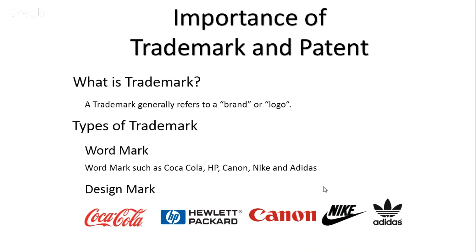HP, Canon, Nike, Adidas, these are big brands and these are word marks. At the same time they have the design mark, which is their logo. You see Coca-Cola, HP, Canon, Nike, Adidas, these are the logos and they are design marks.